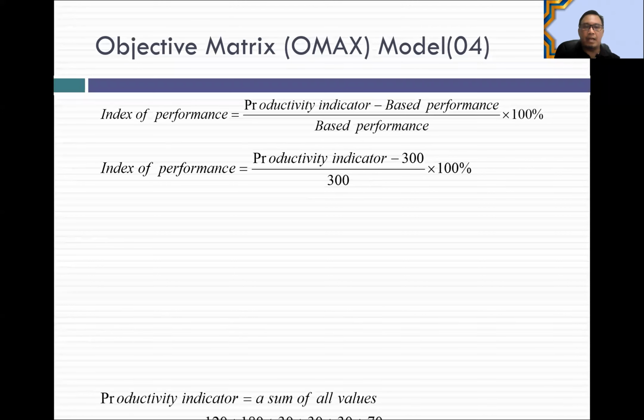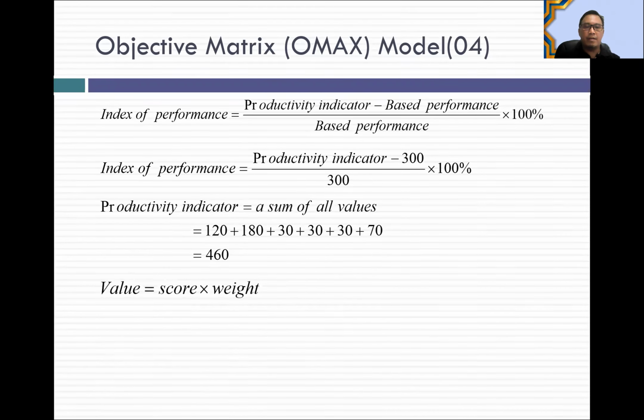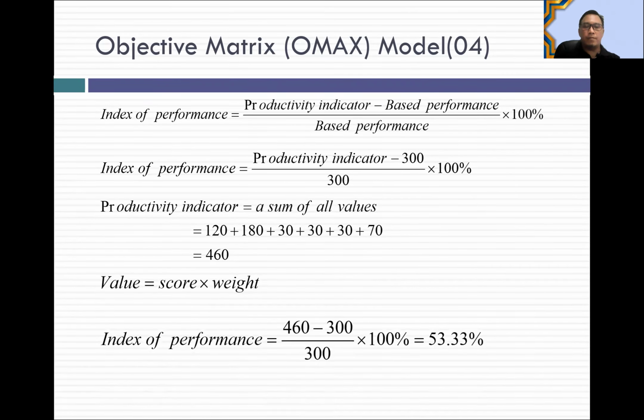From the calculation, we have 460 minus 300 divided by 300, times 100%, which is 53.33. If the index performance is more than 0, it means the index is good.